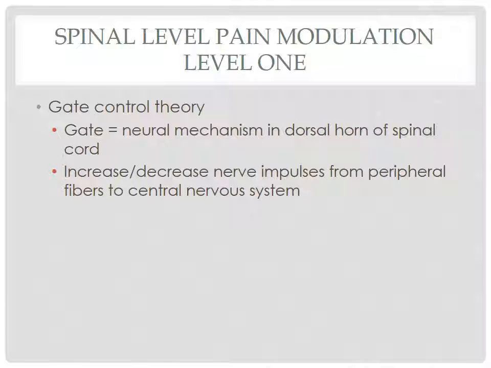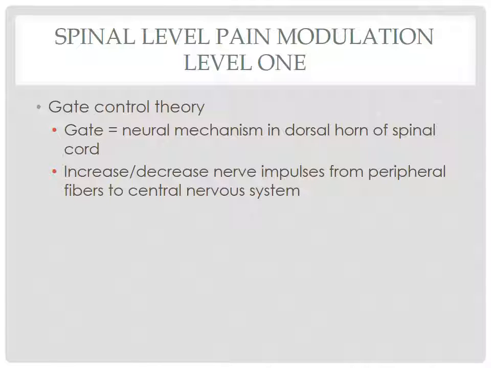Beyond this very rudimentary gating mechanism we talked about, we've discovered later that there's more to that structure. There are some chemical substances that get released that also block the pain signal.